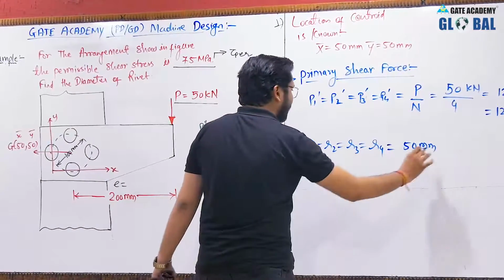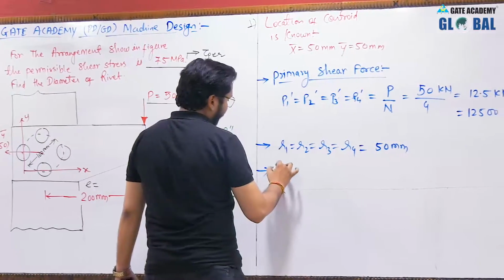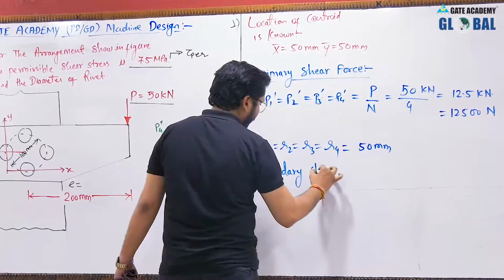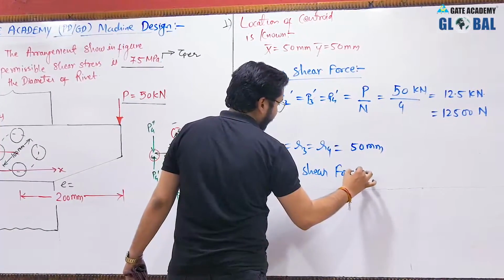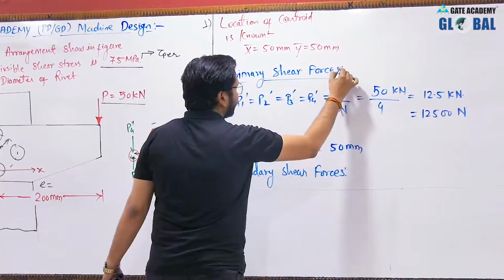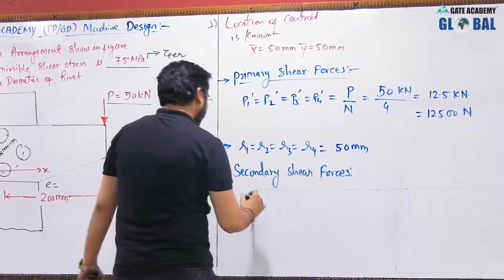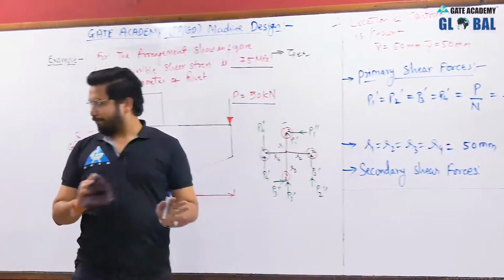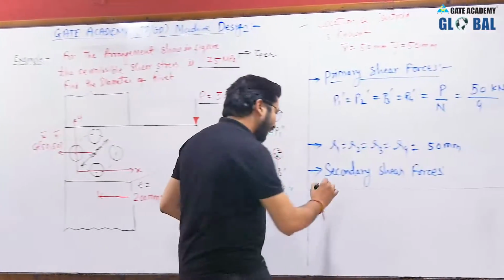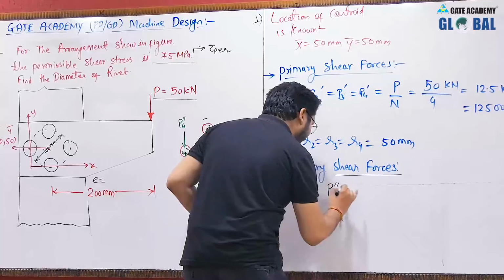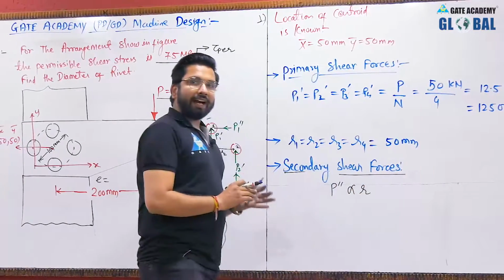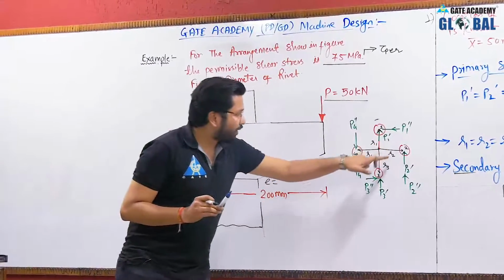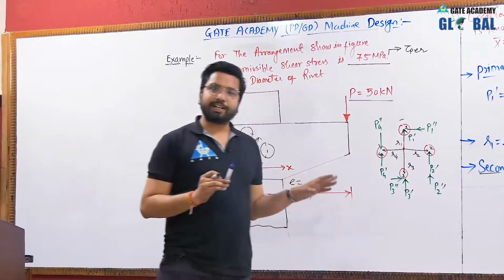Okay, now as the radial distances are known, then we can calculate the secondary shear forces. Okay, secondary shear forces. So now as the radial distances are same, and we know that the secondary shear force P double dash is directly proportional to radius, and each and every rivet in the arrangement is placed at equal radial distance with respect to the centroid.